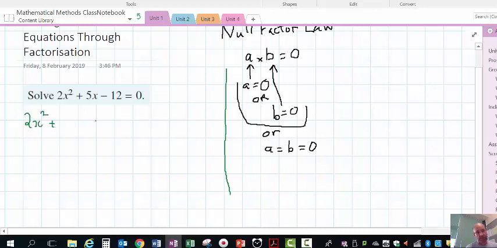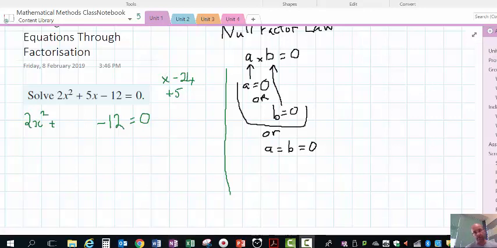We need to decompose the middle term. We have minus 12 and it equals 0. And we need to find two numbers that multiply together to equal negative 24 and add together to be positive 5, and they have to be the same pair of numbers.